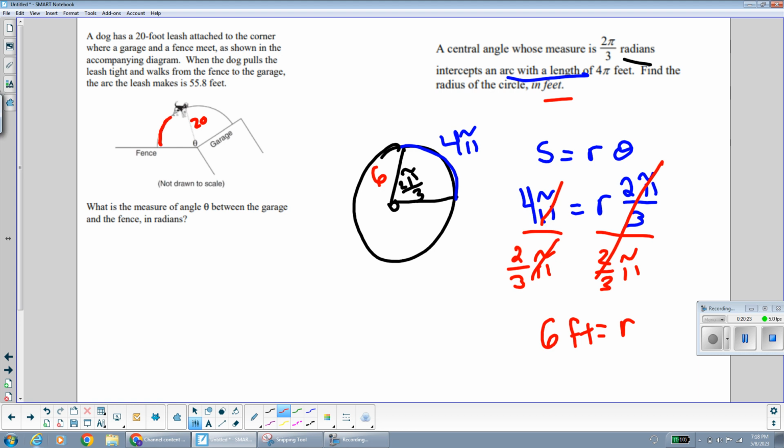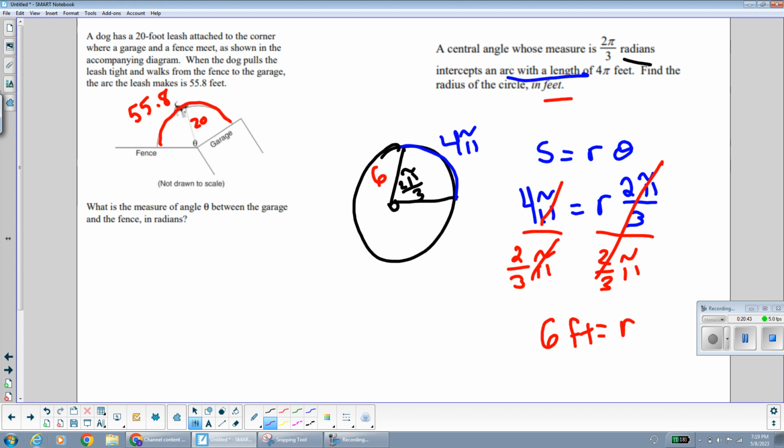So that says it's from the fence to the garage. The arc length is 55.8 feet. So they're giving us the arc length here. And we need to find the measurement of the angle between the garage and the fence in radians.